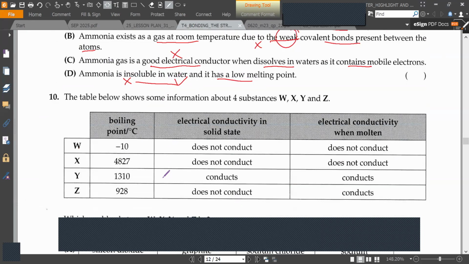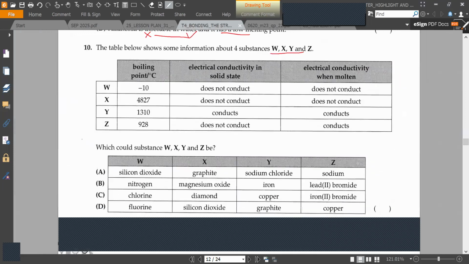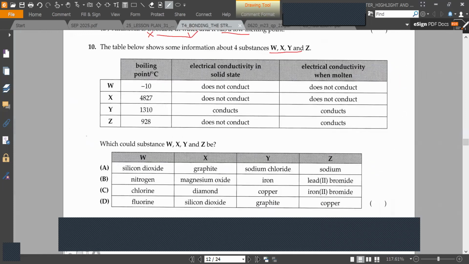Okay, number 10. We have some information about four substances, W, X, Y, Z. What could substances W, X, Y, Z be? Let's take a look.